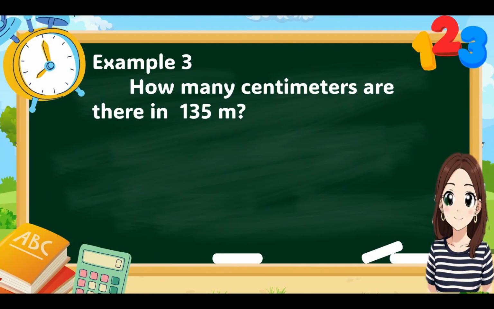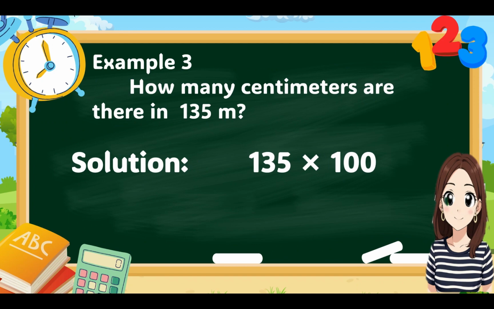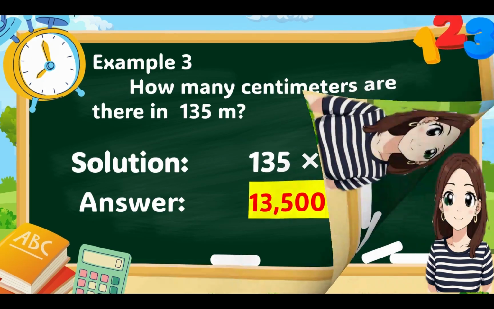Example number 3, how many centimeters are there in 135 meters? So again, there are 135 meters multiplied by 100 centimeters. The answer is 13,500 centimeters.